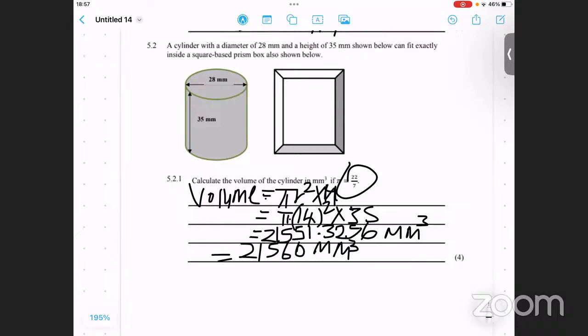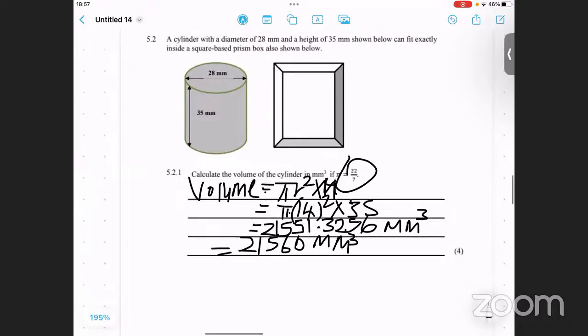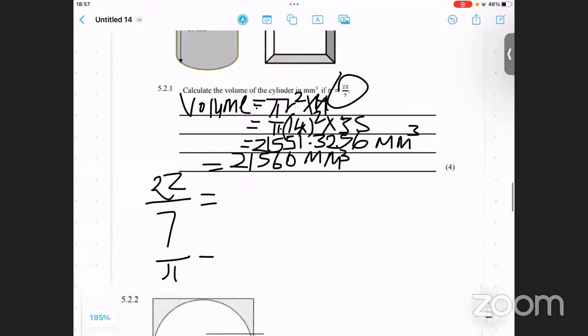Okay, guys, now on your calculators, punch 22 over 7, and then how much are you getting? And also punch pi, and how much are you getting? I'll show you why our answers are not the same.